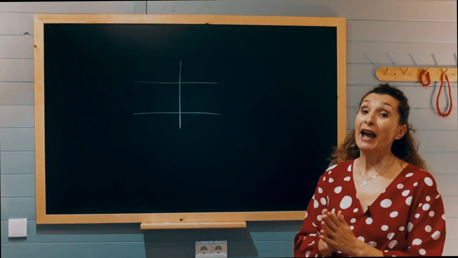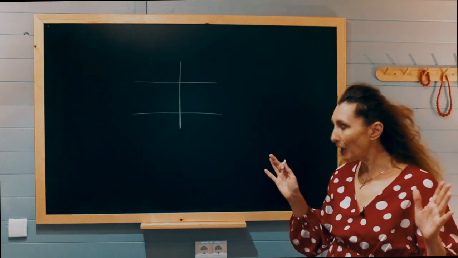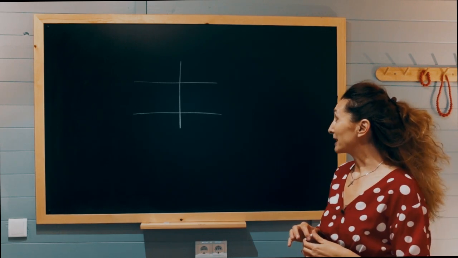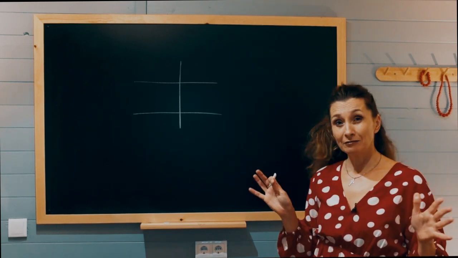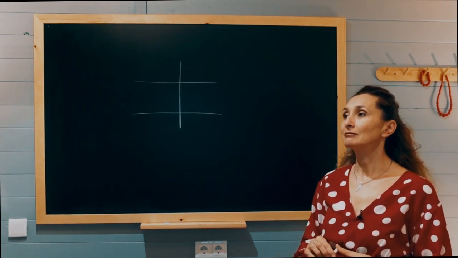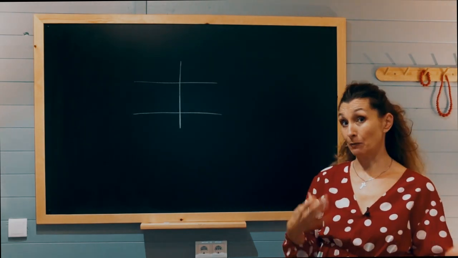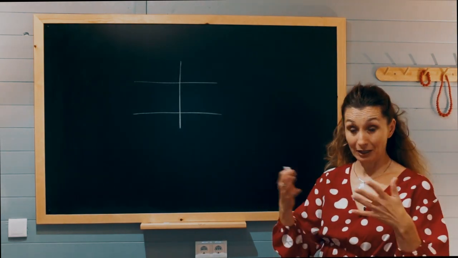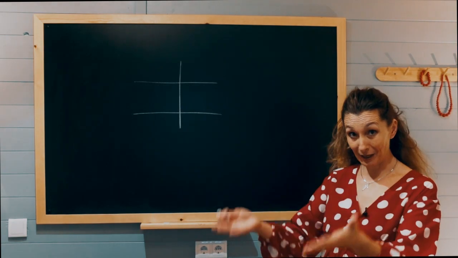Okay, so how does it work? And what this grid represents. When we speak, there is the person who speaks, hopefully not to an imaginary friend, hopefully there's someone listening.